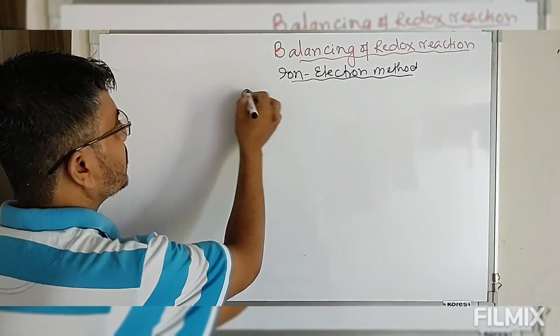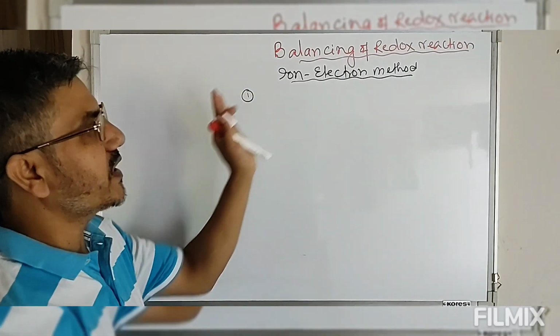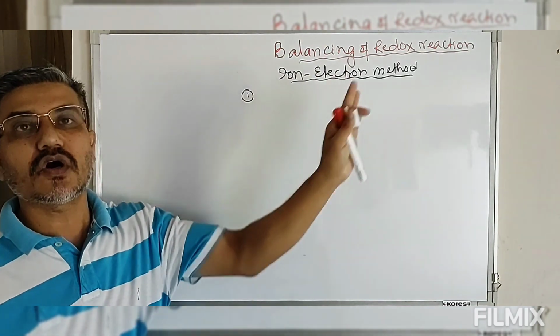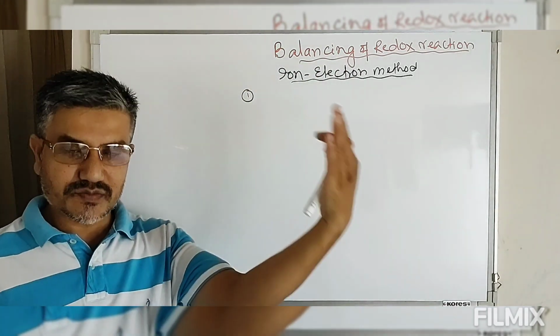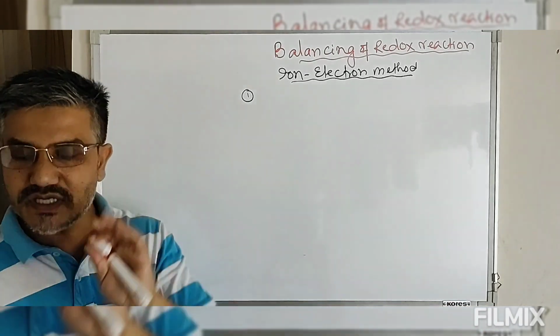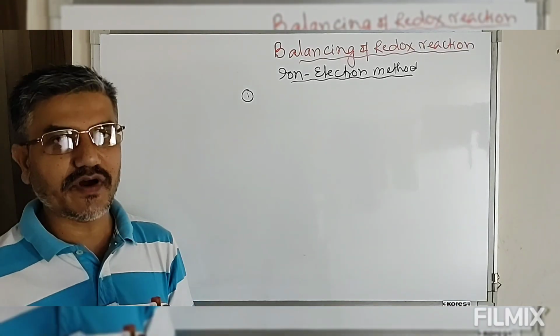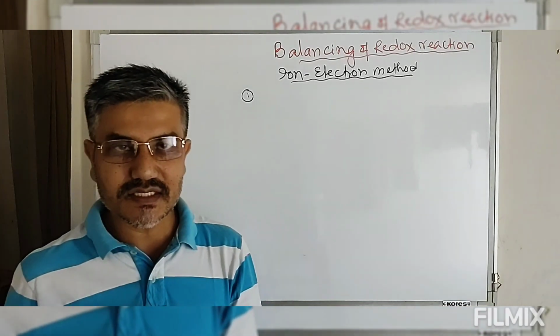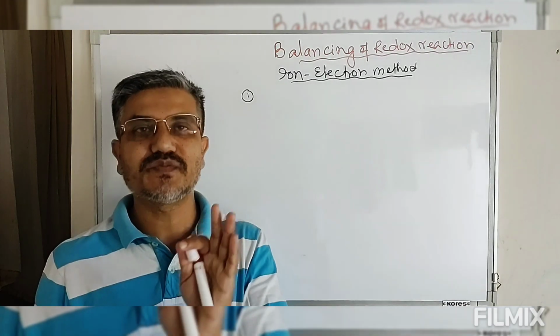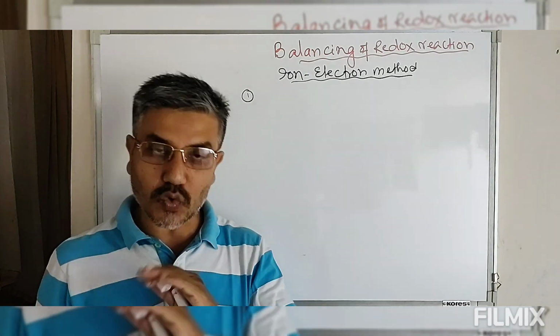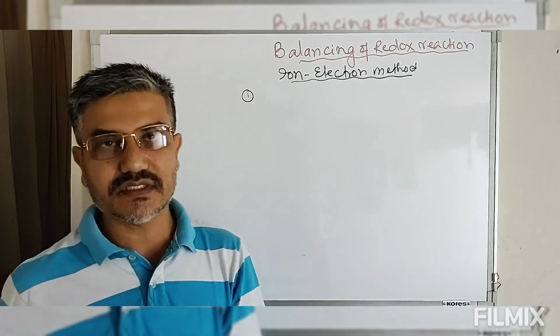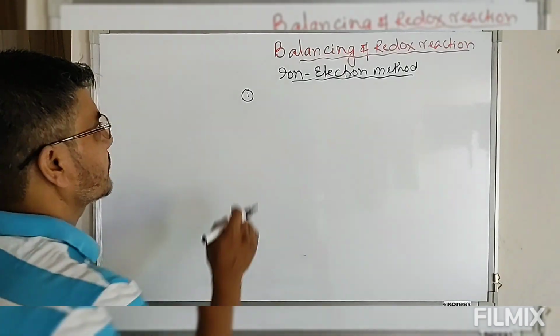So the first rule is, since we have a redox reaction, there is a change in oxidation state. Some of the components might be oxidized, some of the components will be reduced. So we have to find out the oxidation states of all the elements present in the reaction so that we can identify the oxidation and the reduction process.